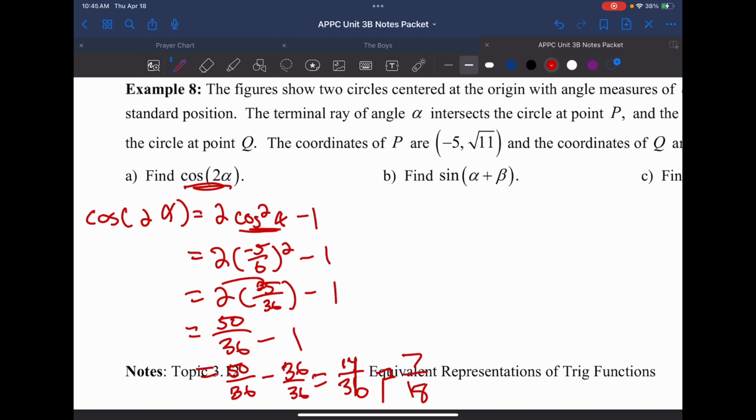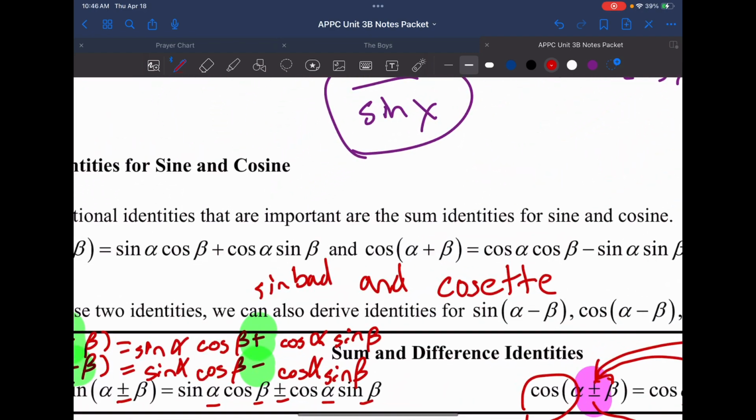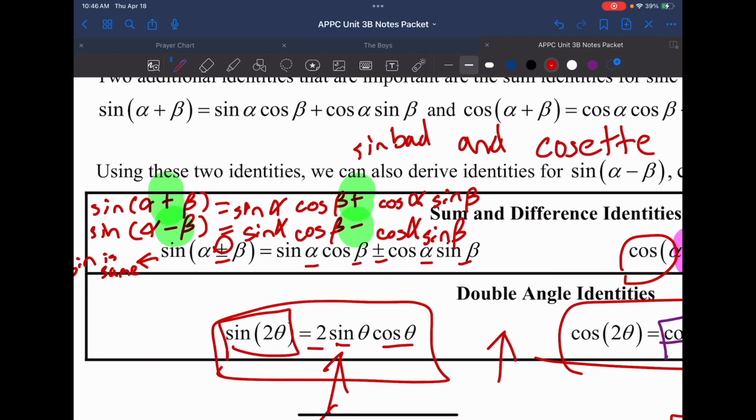And then sine of alpha plus beta, sadly, there's not a path of least resistance that we can really take here. Just got to write it out. So the sine formula, remember, starts with sine of alpha plus beta. I'll look back at my chart. The sine stays the same, so add is add, and then it just alternates.